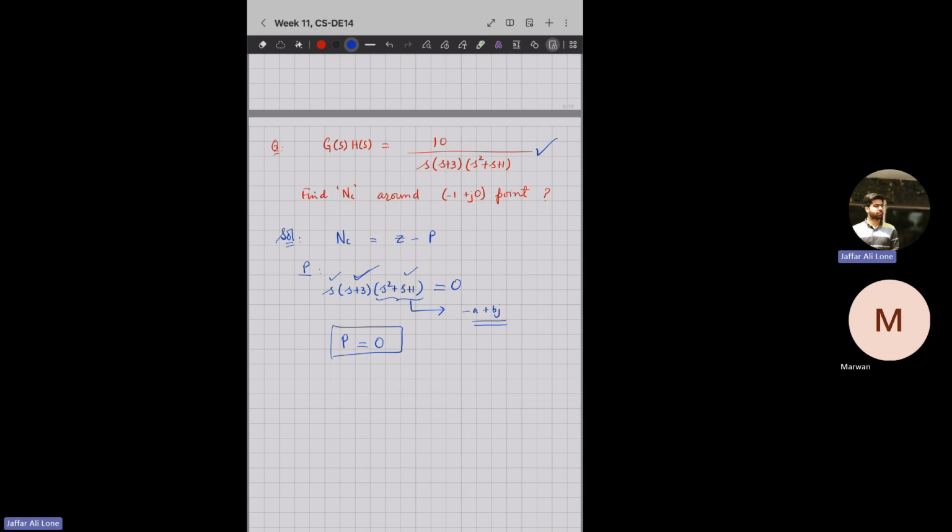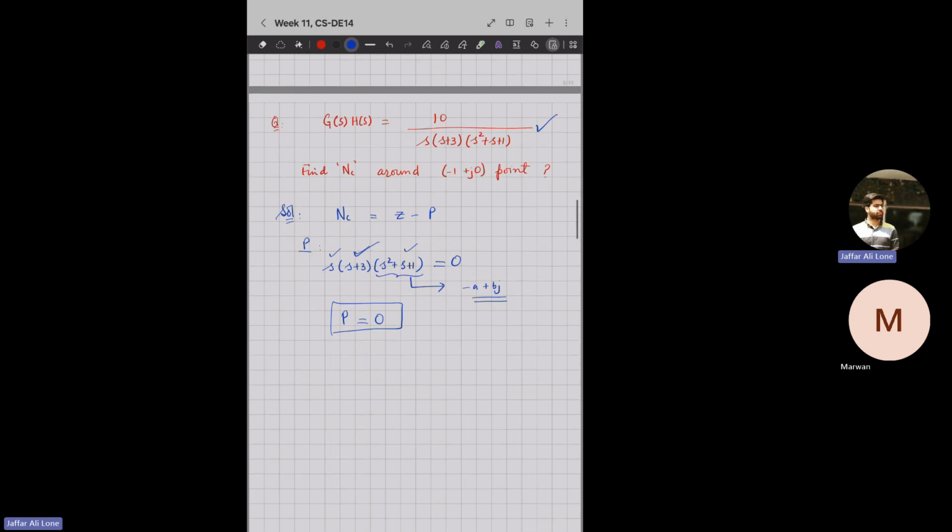Now let's find Z. For Z, you solve the characteristic equation. The characteristic equation is 1 plus 10 divided by s into s plus 3 into s squared plus s plus 1 equal to 0.